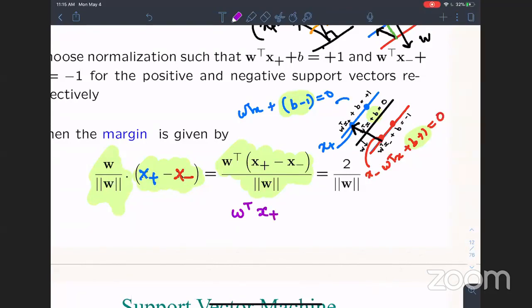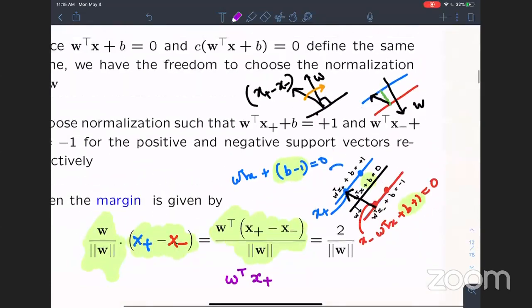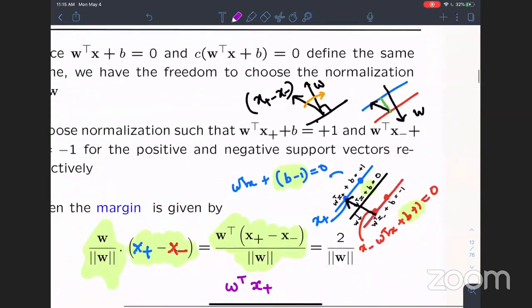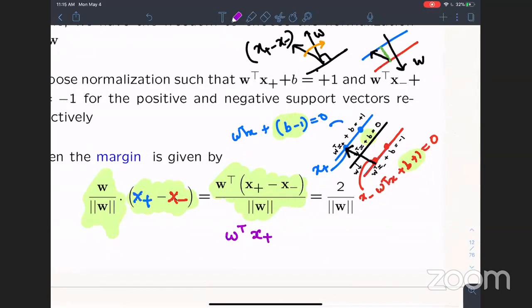W transpose x plus is what? It's the equation here, right? W transpose x plus is equal to 1 minus B, from this equation at the top. W transpose x minus is basically minus 1 minus B. What is this formula telling me? It is telling me to subtract W transpose x minus from W transpose x plus.